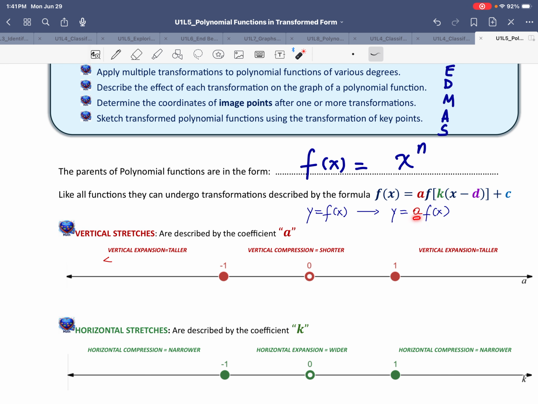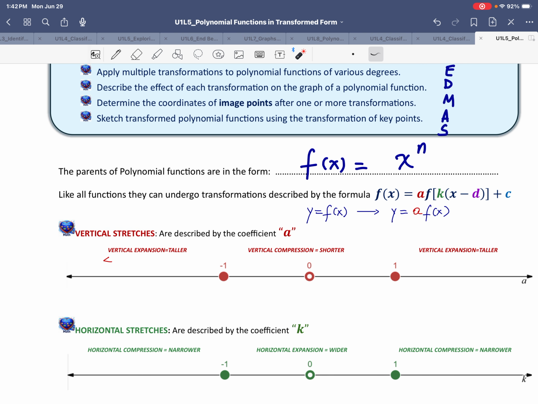Now, if this number a happens to be 1, nothing changes. But if this number is greater than 1, say for example 2 or 3 or 10 or 200, imagine that the y values will get greater. So 2 times greater or 100 times greater and so on. So for the same x values, the y values will reach higher, and that can cause the graph of the function to undergo a vertical expansion.